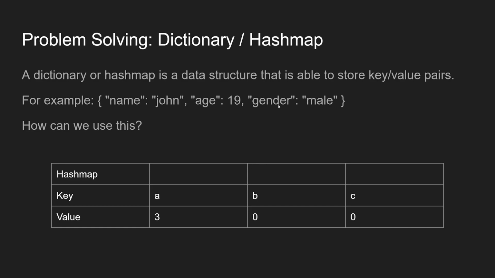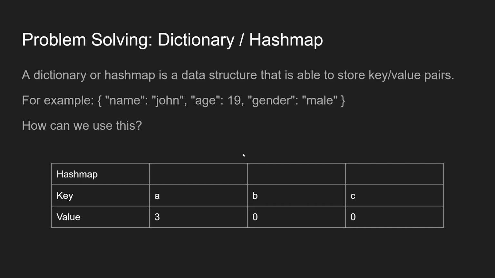But how do we use this for this specific problem? Well, we could have a hash map where the keys are the letters and the values are the frequency that the letter appears. So A would appear 3 times, B would appear 0 times, and C would appear 0 times in anagram.